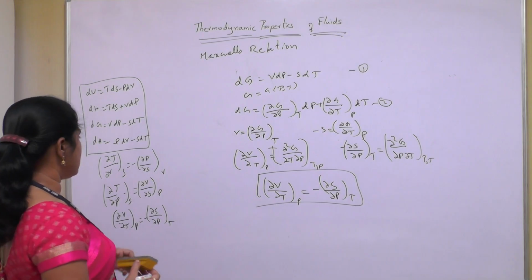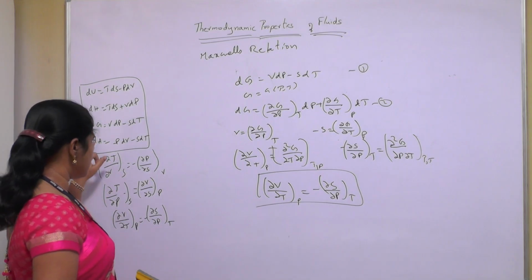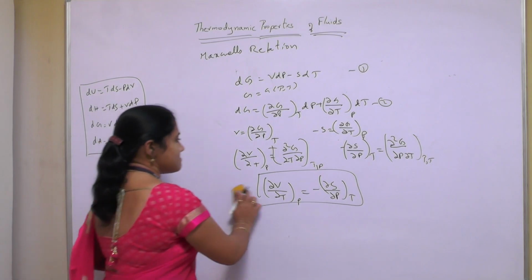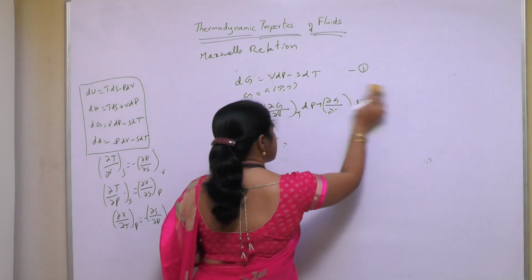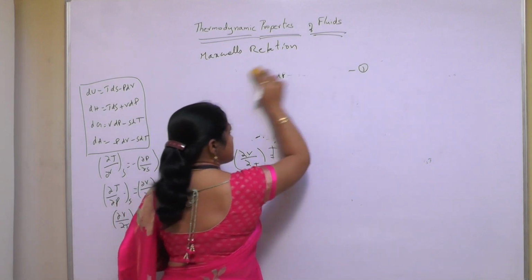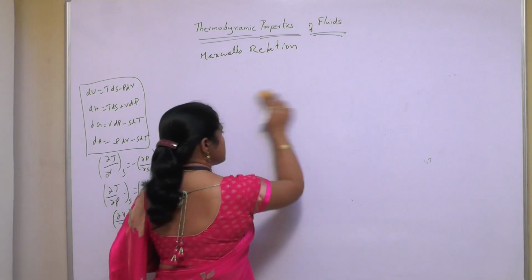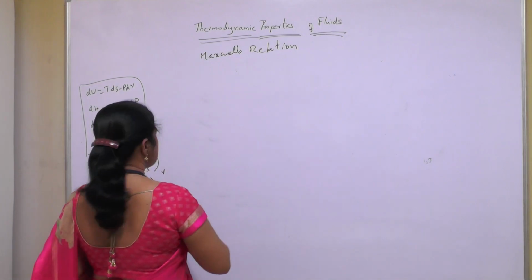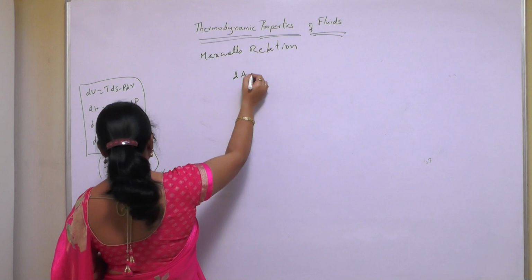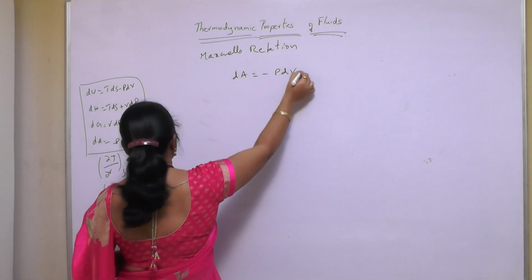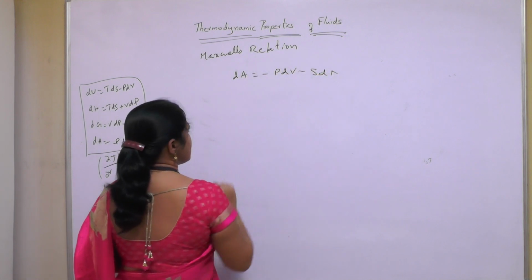Similarly for Helmholtz energy, dA equals minus PdV minus SdT.